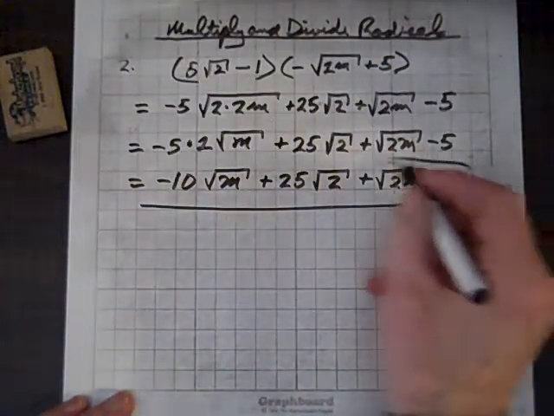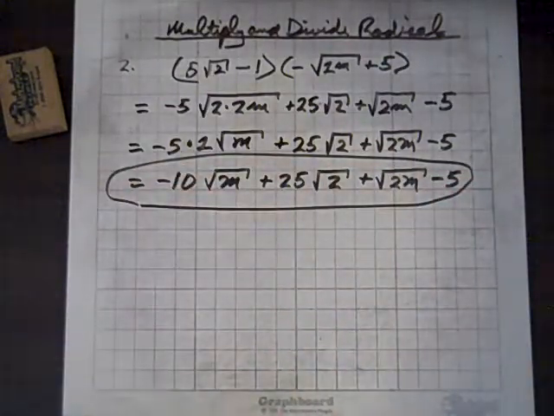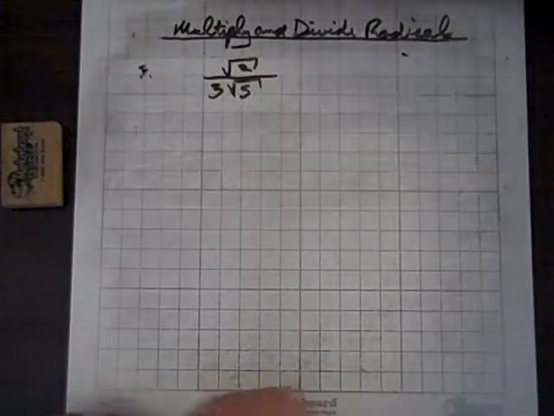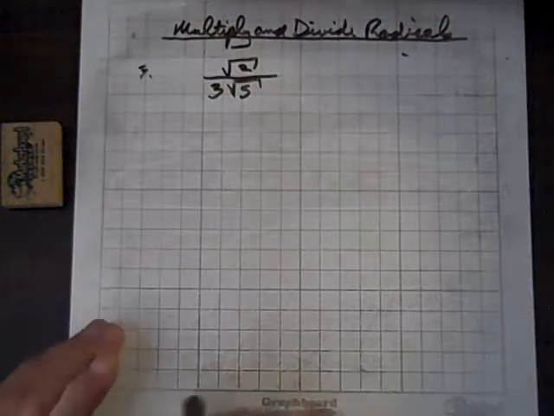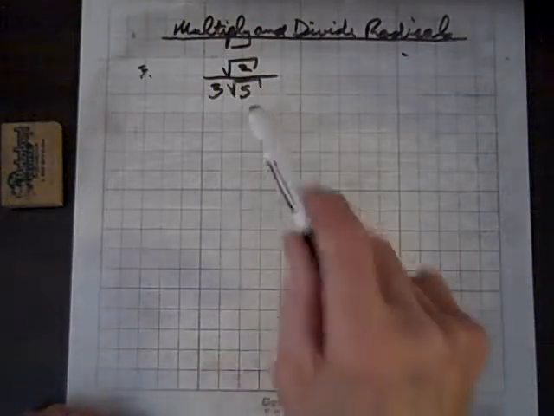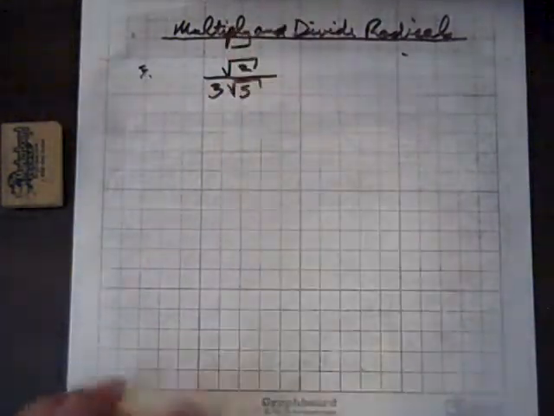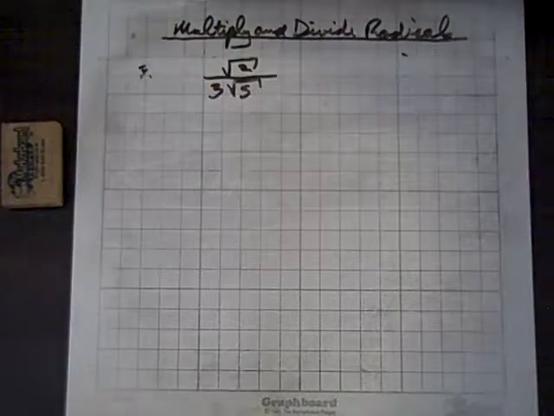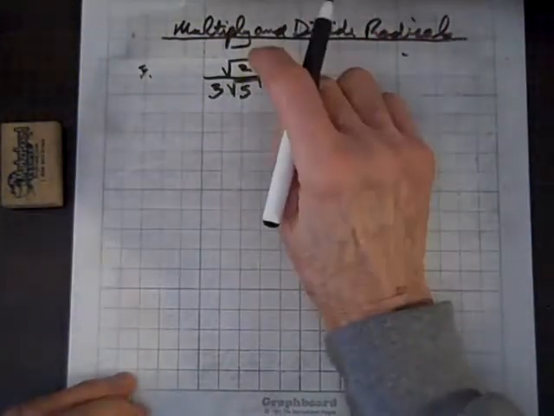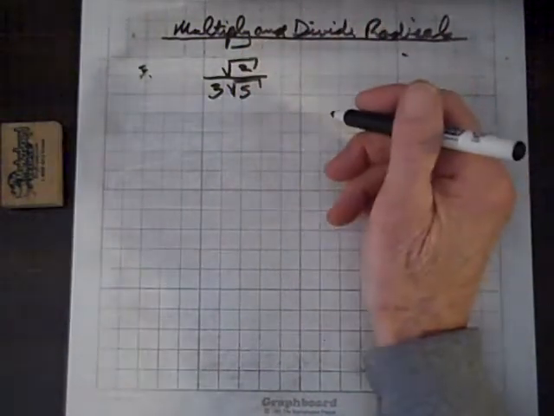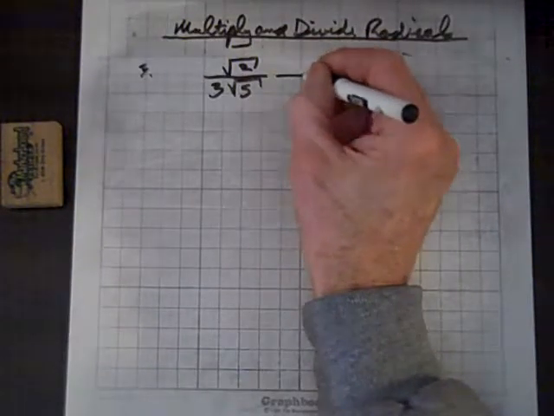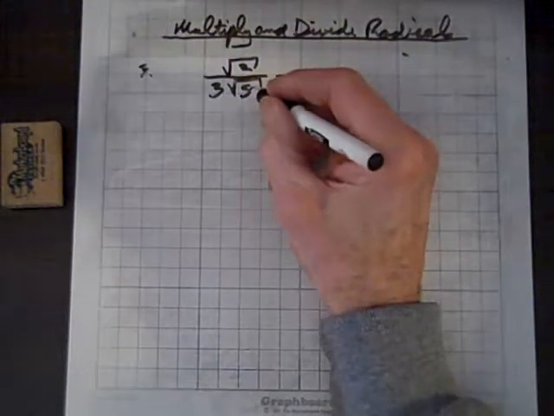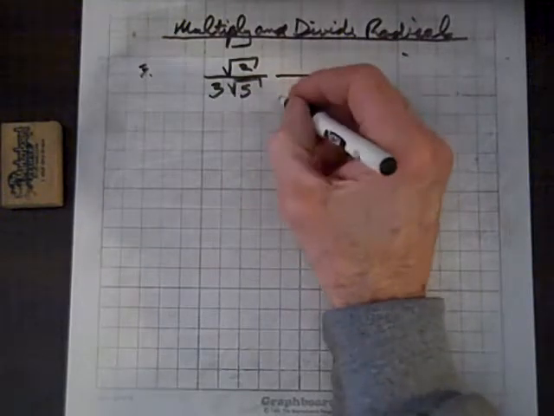For the final one of these, we're going to do a division. And the essence of that is we're going to get this radical out of the denominator. In other words, we're going to rationalize the denominator, get a rational number in the denominator. So we'll multiply by 1 in the form of our choice that will eliminate that radical.